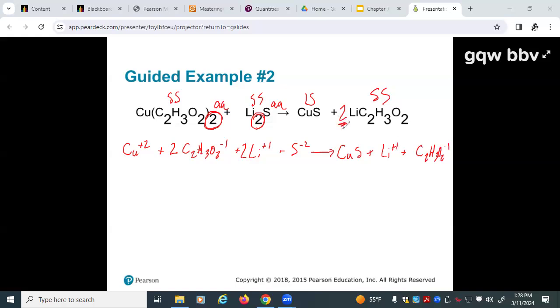This time, the 2 out in front means that I'm going to have 2 of each ion in the compound. So 2 lithiums and 2 acetates, because there were 2 lithium acetates.